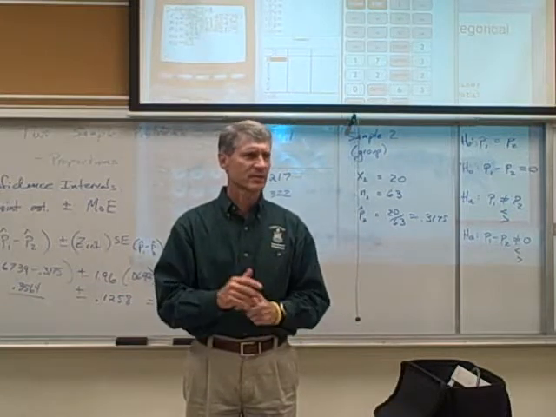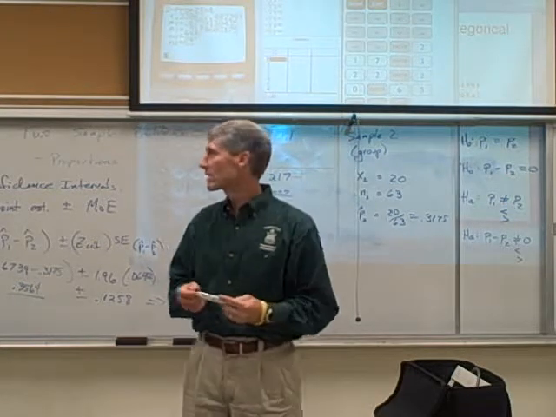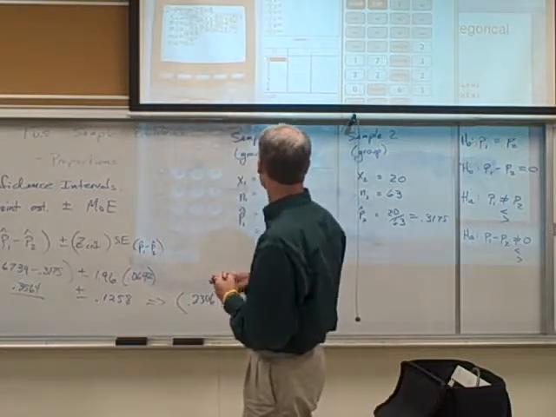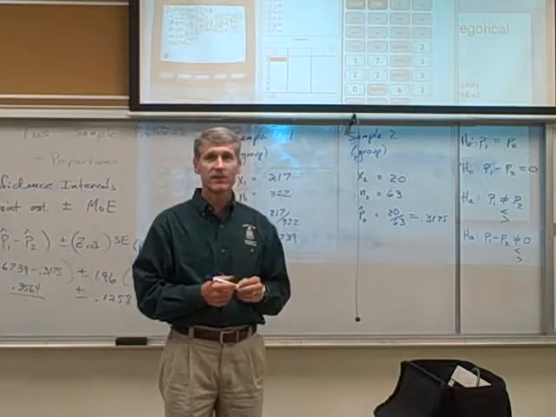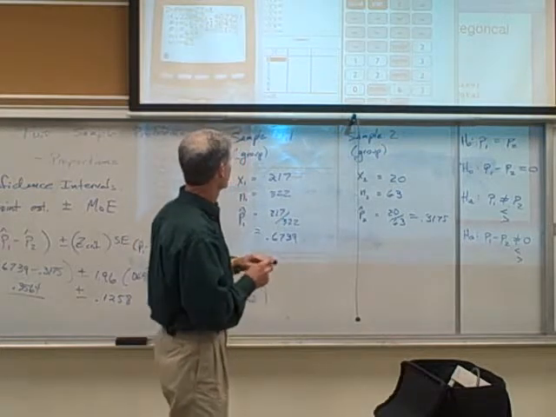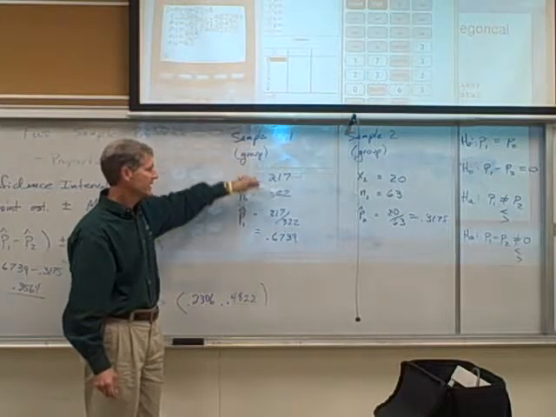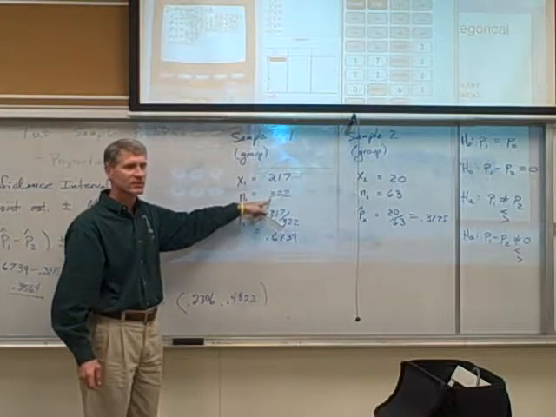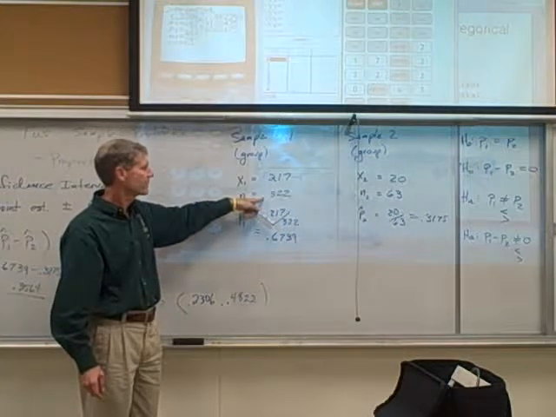What about the second assumption? What is the second assumption? Which I've erased. 15 successes and 15 failures in both of the samples. In the first sample, I had 217 successes and the rest out of 322, which I think was 105 failures.